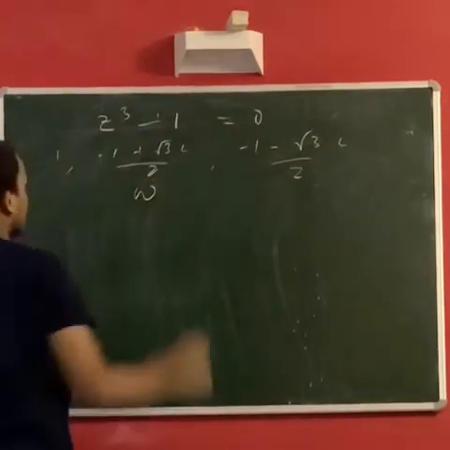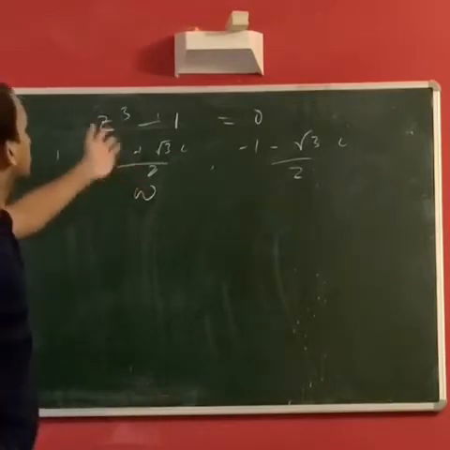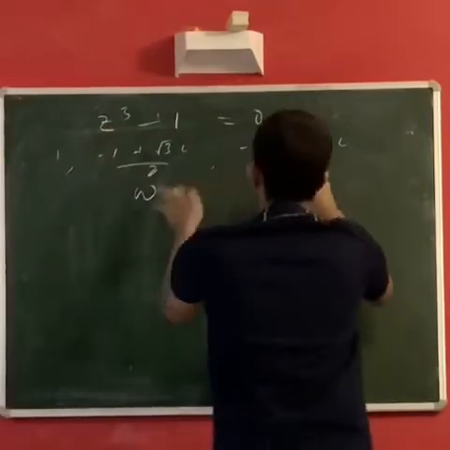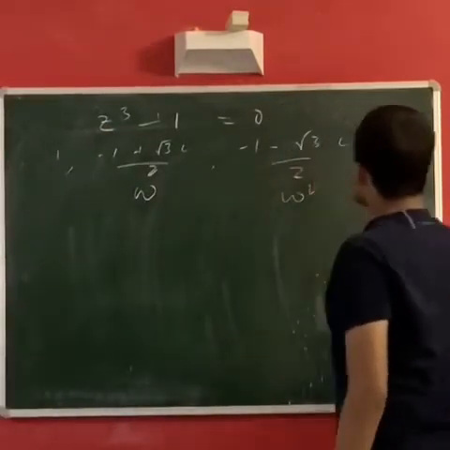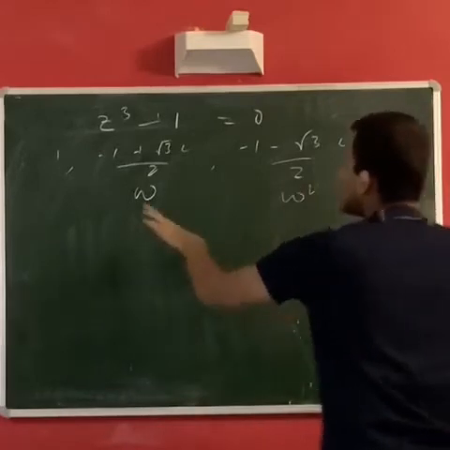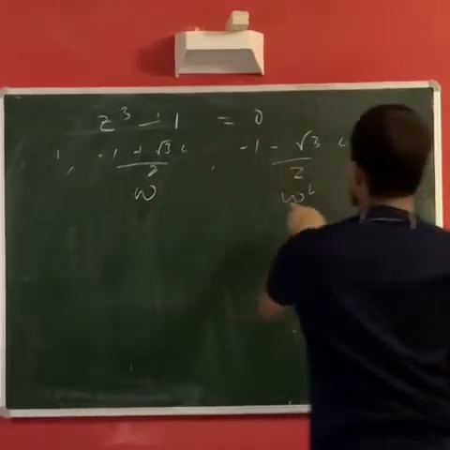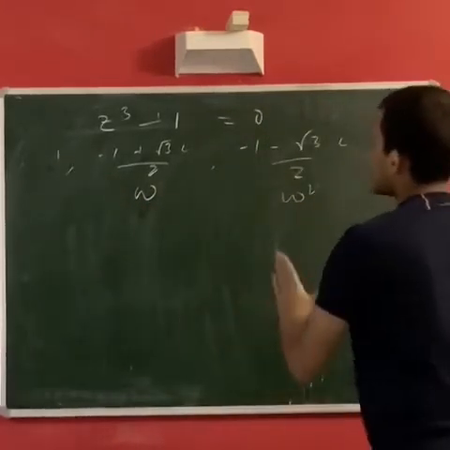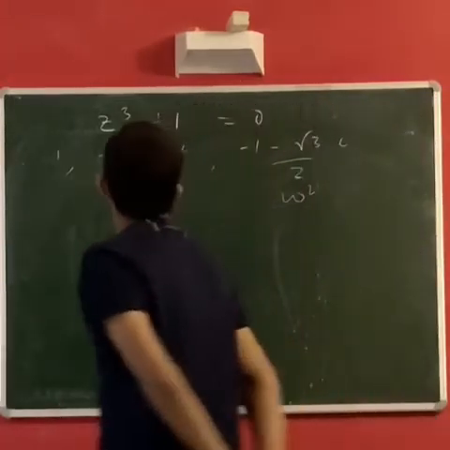This is called omega. It's a great letter to simplify this, and if you square this, you will realize you get the other root, and so this is omega square. So 1, omega and omega square. These are the three cube roots of unity.